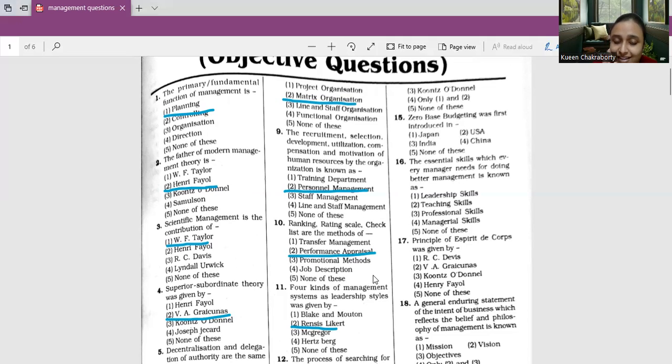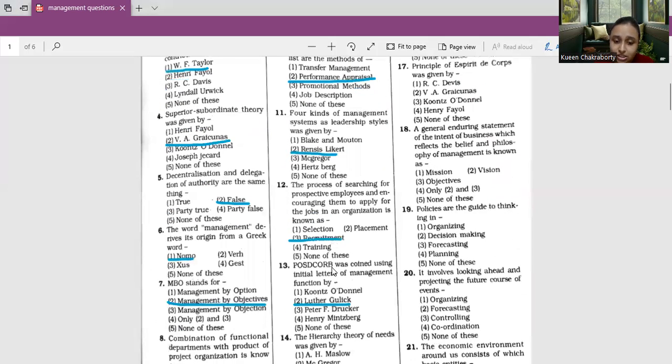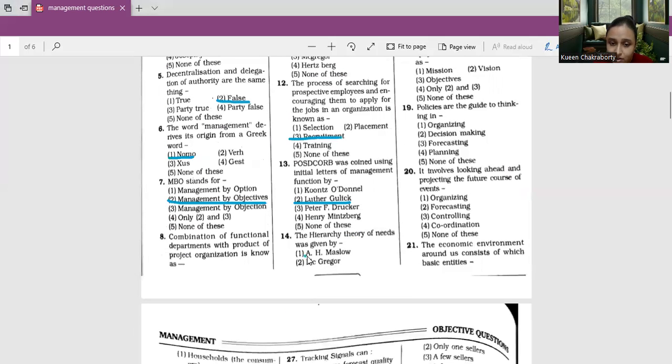The five needs he established were first physiological needs, safety needs, social needs, next the esteem needs, and lastly the self-actualization needs. He basically established a pyramid, which we must all have read about, called Maslow's theory. So the correct answer to our question number 14 is A.H. Maslow.